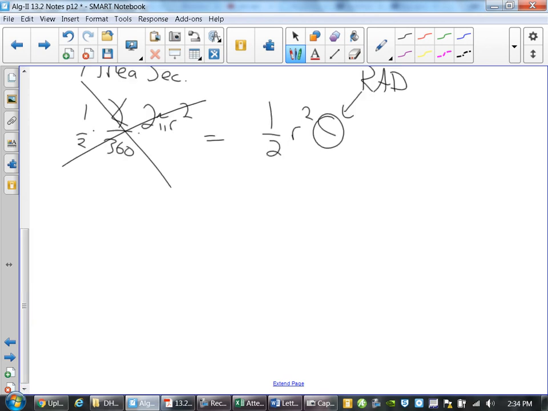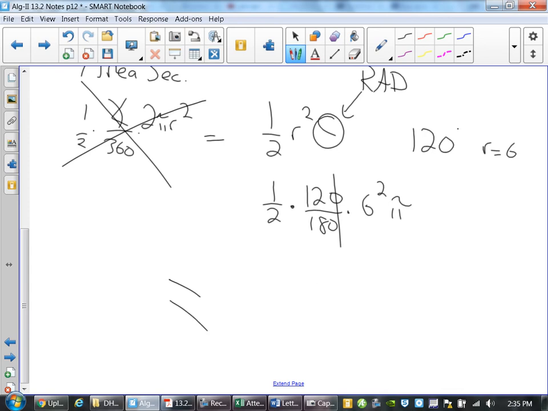So if I do the same thing where I want to find the area of the sector where it was 120 degrees and the radius was 6: 1/2 times 120 over 180 times 6 squared times pi.